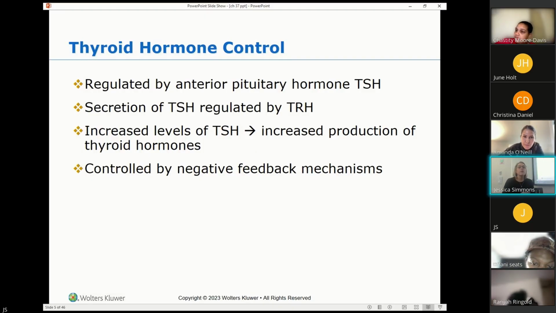Increased levels of TSH increase production of thyroid hormones. So that is your negative feedback loop. Your anterior pituitary releases TSH, and TSH tells the thyroid to make more T3, T4. And that is your negative feedback for your thyroid. I'm pretty sure that was on your list, right?